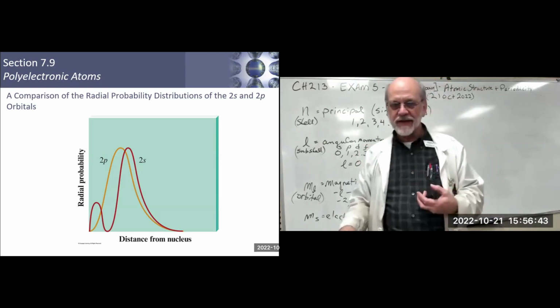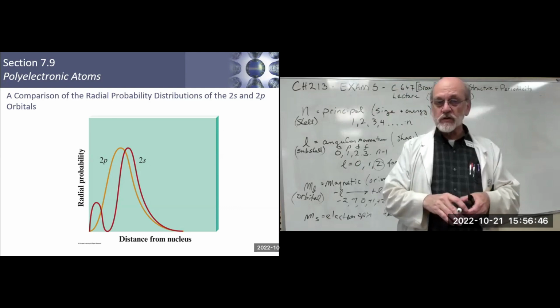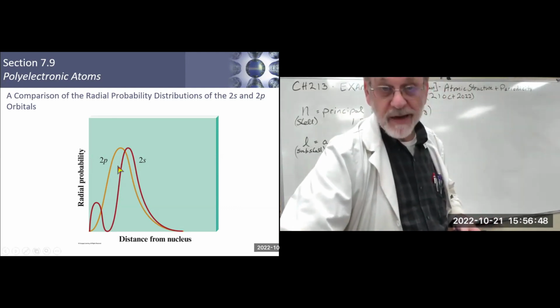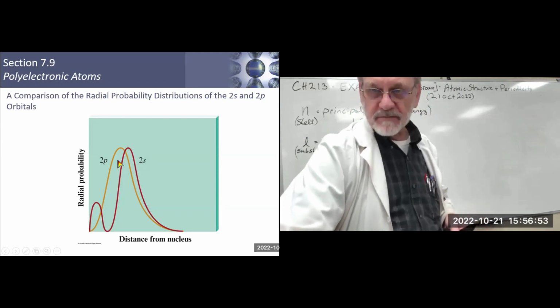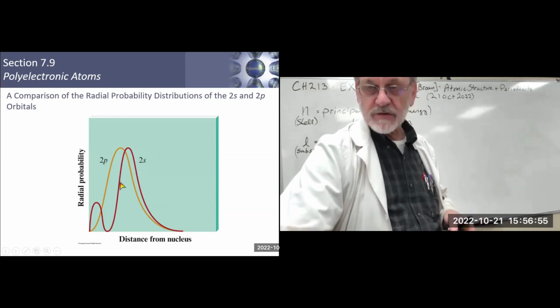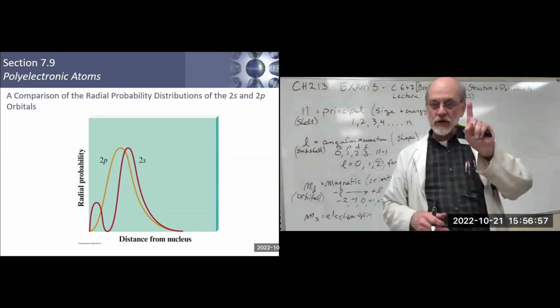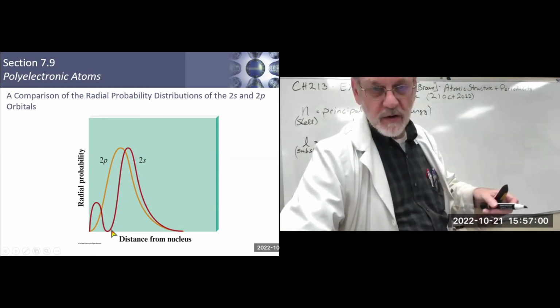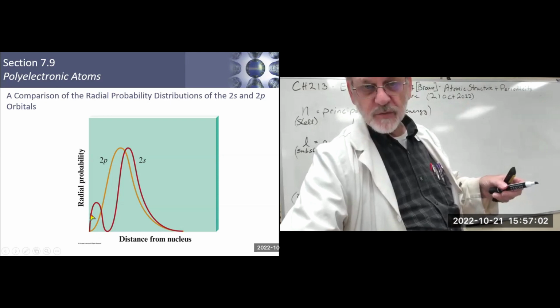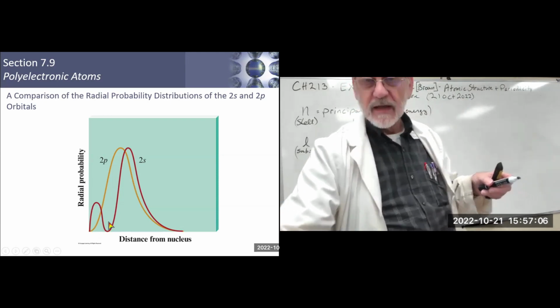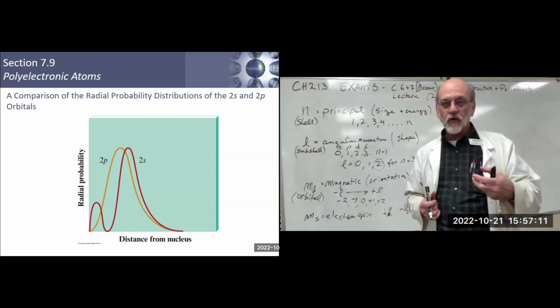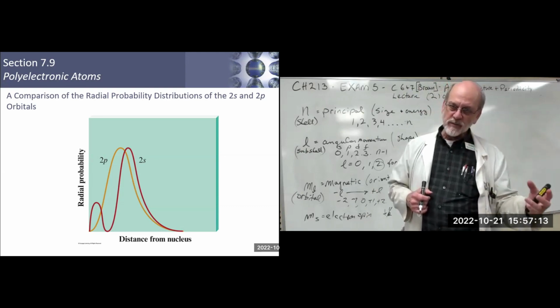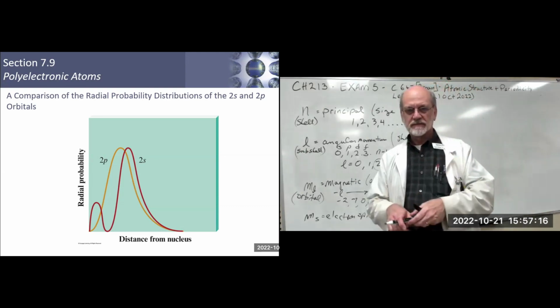So the probability of finding electrons close to the nucleus for the p looks to be better than it is for the s. But the difference is that this 2s, remember, has one node. It has a node here, and it has electron distribution that's much closer to the nucleus than the p. That penetration effect gives the 2s orbital overall a lower energy profile than the 2p.